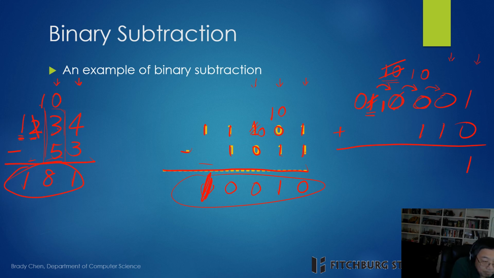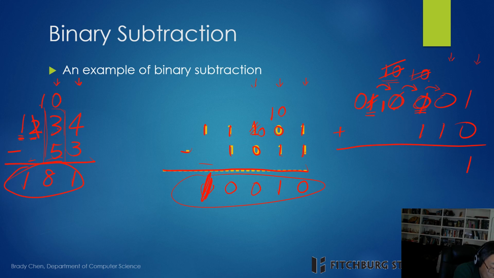You see that one? It's a little messy. So again, this position actually got a 2, but the previous position only requests 1. I only want to borrow 1, so I'm going to split that 2 into 1 plus 1.